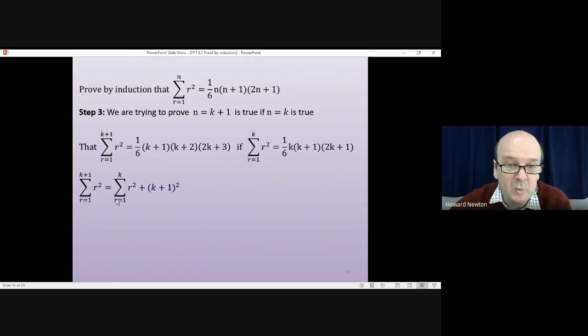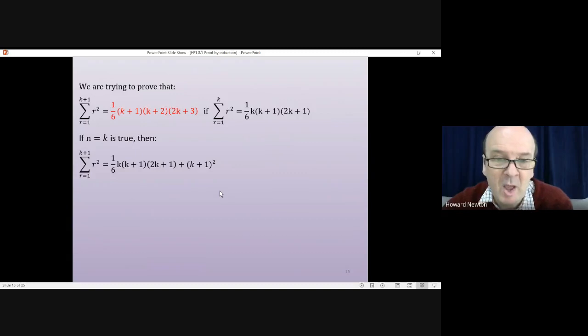We split it up into all of the terms from 1 to k, and then we have to add on the last term separately. The reason for doing that is because we have a formula for r equals 1 to k that we now substitute in. So if n equals k is true, then we can substitute that formula in here. Nothing new there, and now we just tidy this up using algebra.